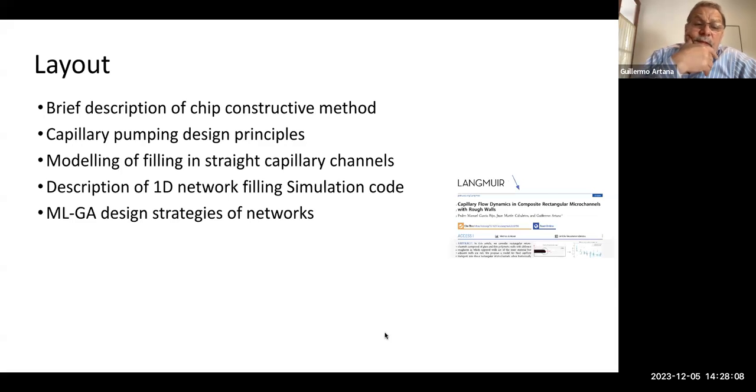So first, in the rest of the talk, I will give a brief description of the chip constructive method that we are using, very brief, so you understand why we have undertaken some studies to have a larger control of this kind of device.